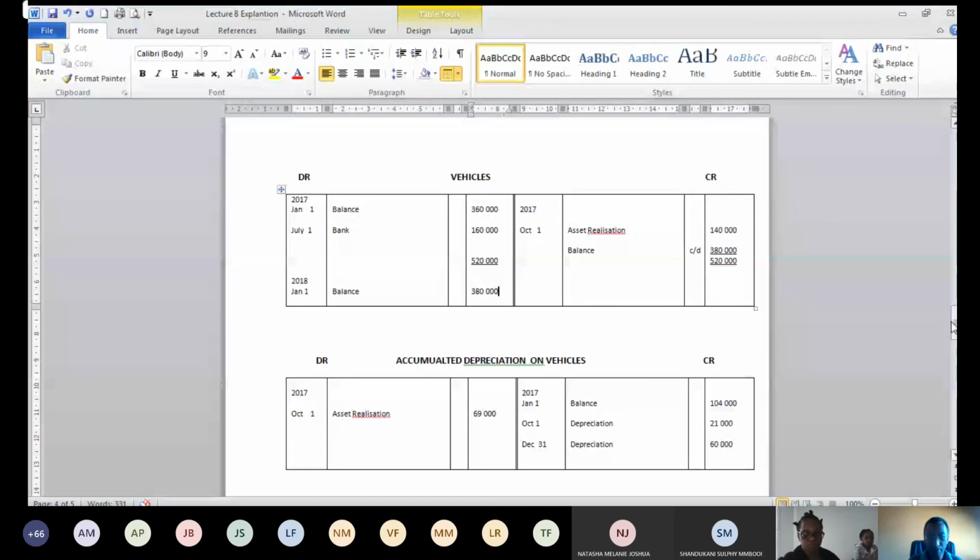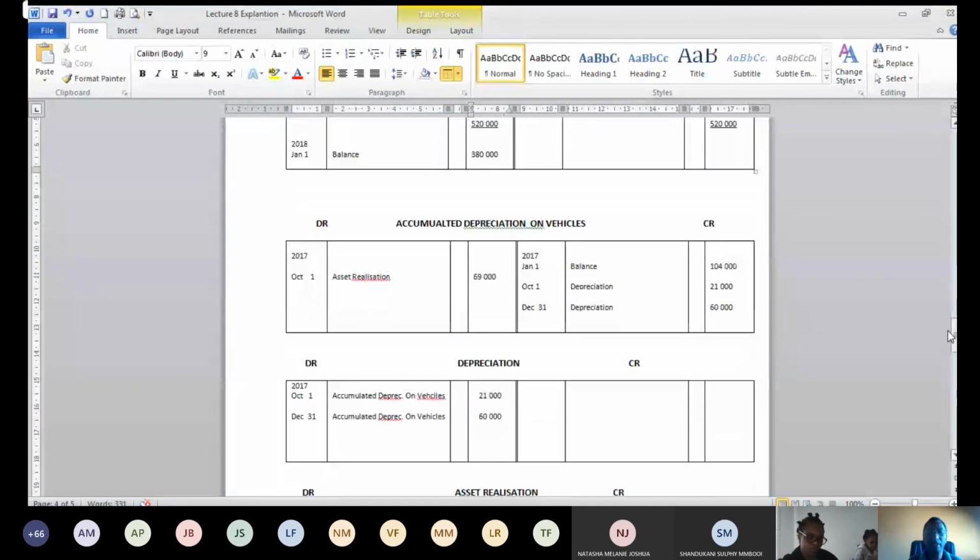Your accumulated depreciation account, guys, we're going to balance this account now. You're going to add up your credit side and subtract it from your debit side. The difference will be on your debit side. That is your balance carried down now. Your credit side is just so much more.